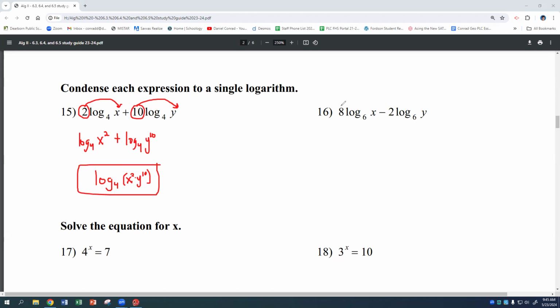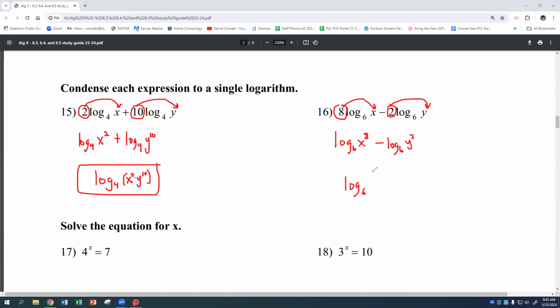Okay, over here, again, same thing. We're going to move our coefficient out front to our exponent using the power rule. So you get log base 6 of x to the 8th minus log base 6 y squared. And then this time, since we are subtracting, we're going to divide using the quotient rule.